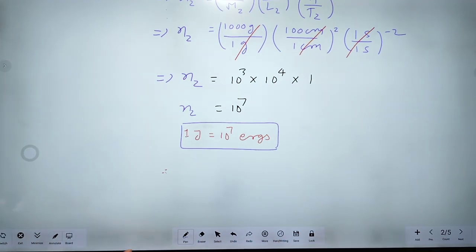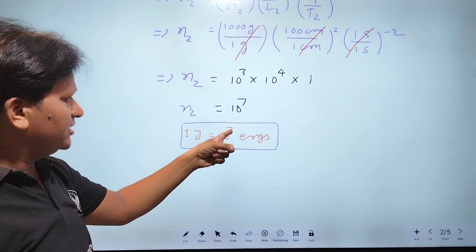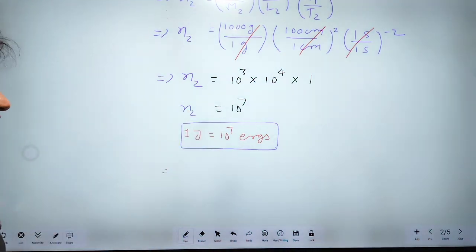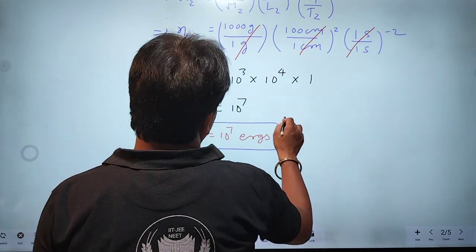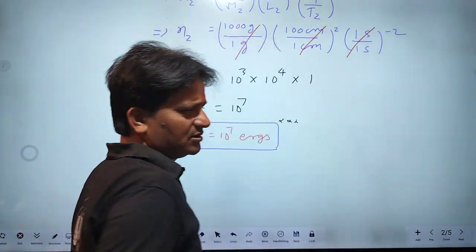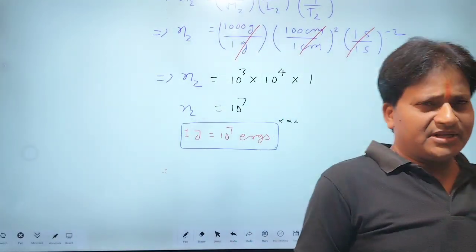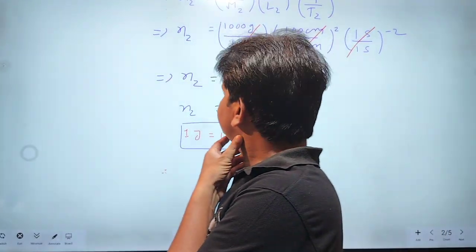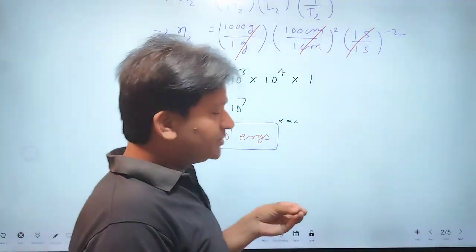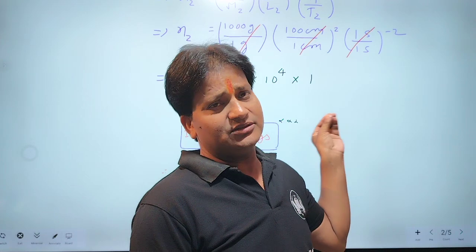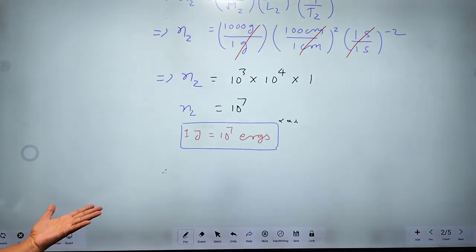And now putting this value, 1 joule is equal to 10 to the power 7 ergs. You can solve this question by this method also. In different books, this question is solved by this method also. Both are similar.